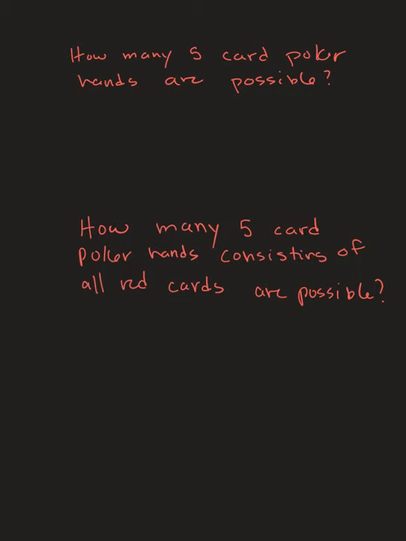Let's look at some problems here. If it says how many 5-card poker hands are possible, remember that when we use C, we have nCr, where n is the number of things in the big group, and from that big group you're going to pick things and make a smaller group. So the r is the number of things in the small group.